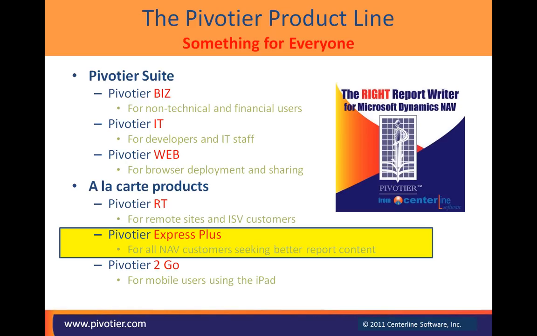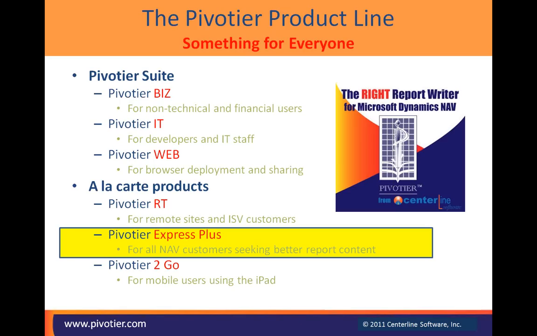The a la carte products that you can add in addition to the Pivotier suite of reporting tools for designing reports include Pivotier RT Runtime, which allows users in remote locations or maybe smaller customers to run reports that have been built by their partner or by a centralized IT organization without having the ability to design or modify those reports.